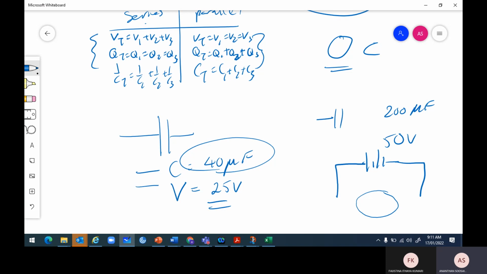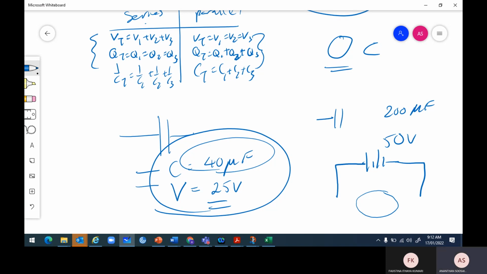Oh, I forgot to say something. The capacitance is 40 microfarad, and the safe working voltage is 25 volt. You want to fit a 50 volt power supply. How do you connect the capacitors? You can use as many 40 microfarad as you like, so that you get 200 microfarad and at the same time it's safe. You never explode.